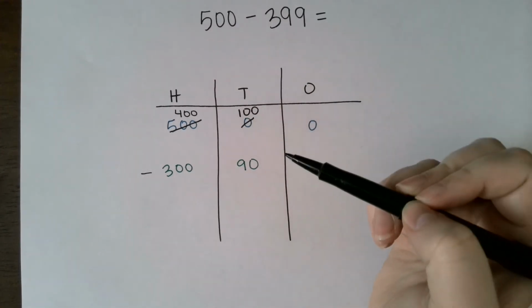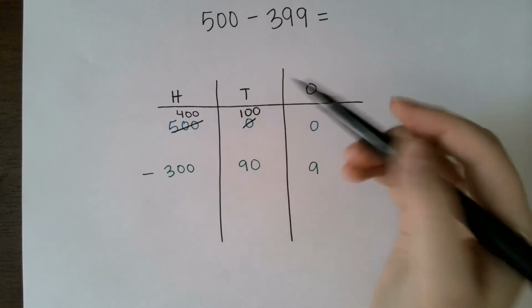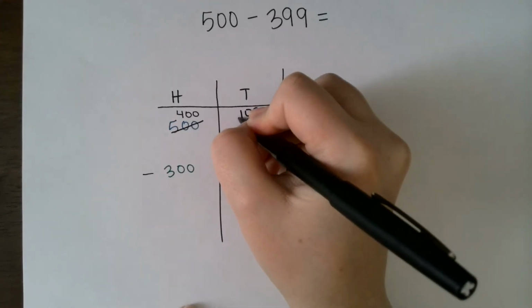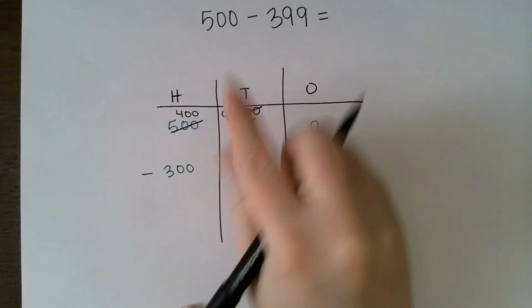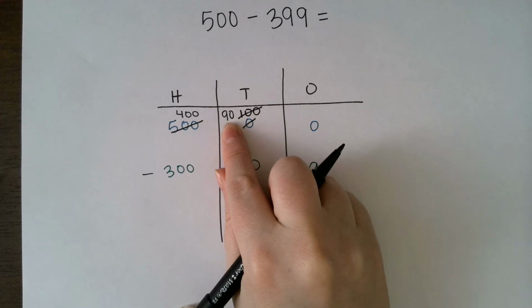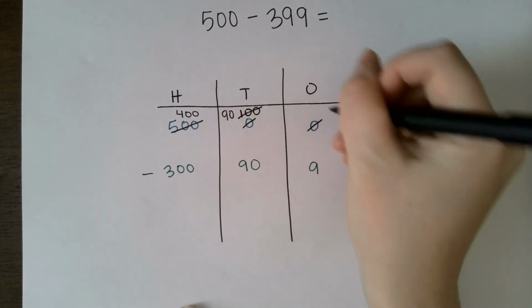Now I'm able to take these 10 groups of 10, and I can take one of those groups away, so that would leave me with 90. And I can move that group of 10 over here.